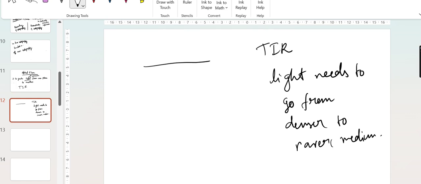And you will also see that denser to rarer does not mean from 1.5 to 1. The refractive index difference is like 0.01, sometimes 0.001. So that is the case actually.